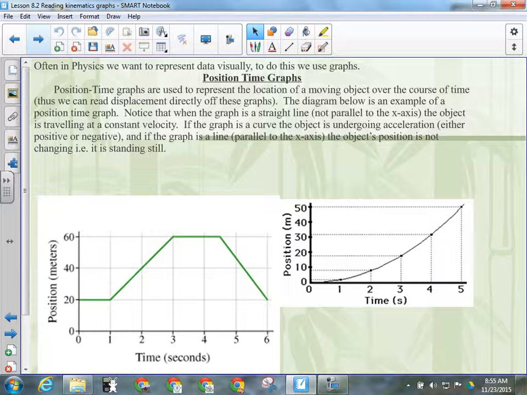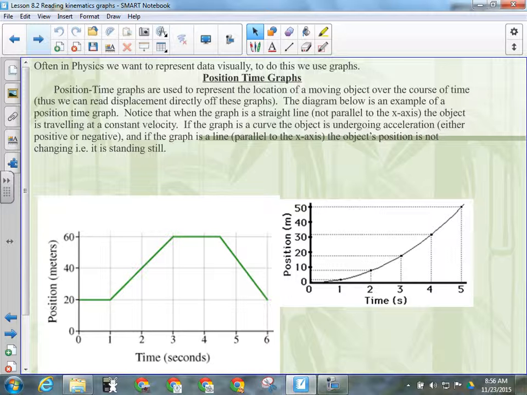On a position versus time graph, we see where an object is at various points in time. It basically plots a map of a trip. In looking at that, we know where the object was, and from that we can also figure out how fast it must have been moving in order to get there.